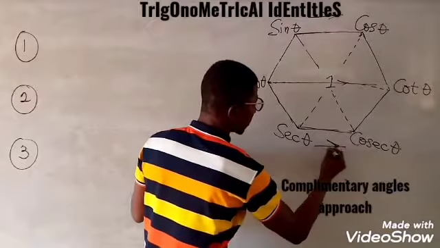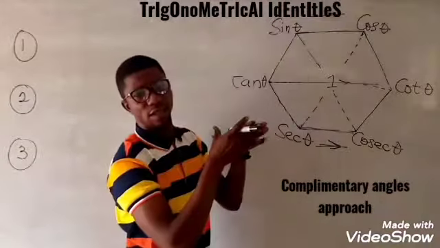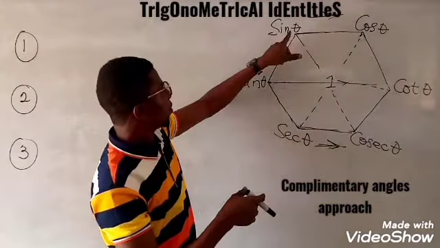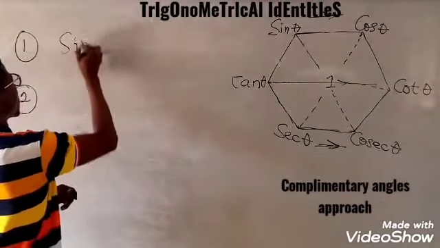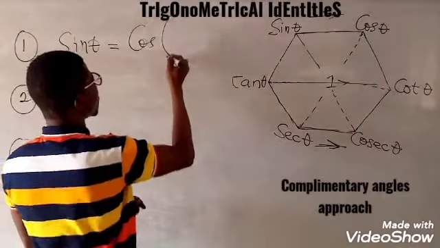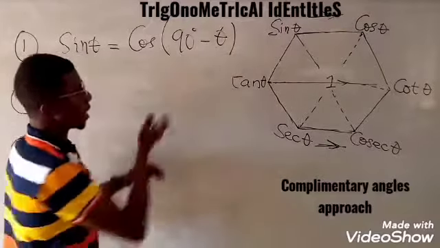We have lastly this also moving towards the positive direction. So all the arrows are pointing towards the positive direction, or the right hand side. When you take sine theta, it is equal to cos bracket open 90 degrees minus theta along this direction.